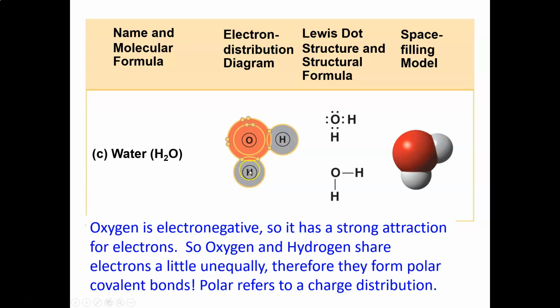Since they're sharing, it's called a covalent bond, but since they don't share equally, we're more likely to see, again, an electron around oxygen, so that becomes slightly negative, while the hydrogens become slightly positive. Since there's a charge distribution, this is referred to as a polar covalent bond. And polar tells us that the electrons are not equally spaced around the molecule. Okay? So this is a polar covalent bond.